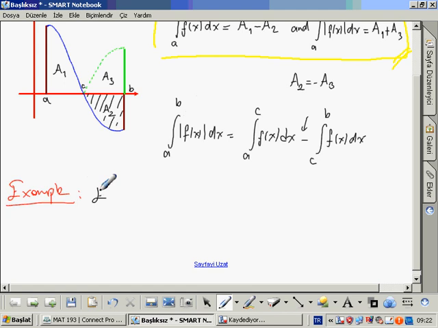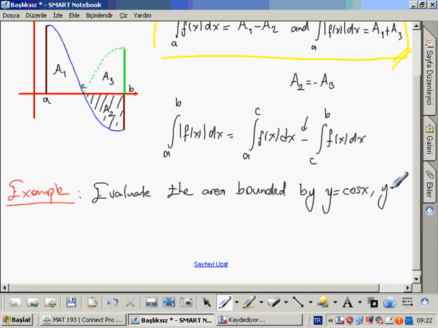Evaluate the area bounded by y equals cosine x, y equals 0, x equals 0, and x equals 3 pi over 2.